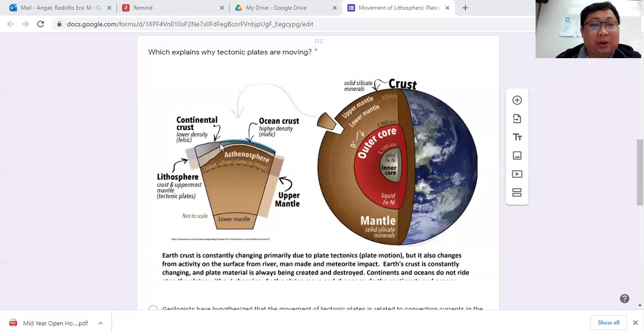But he did not answer one question that led him to fail to make the scientists back then believe his theory. The question that was asked to him was, what power can move the continents? And he could not answer that because technology was not yet that good during that time.